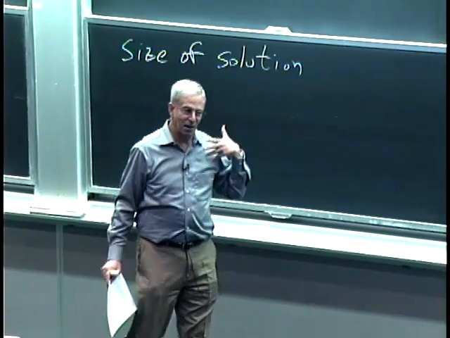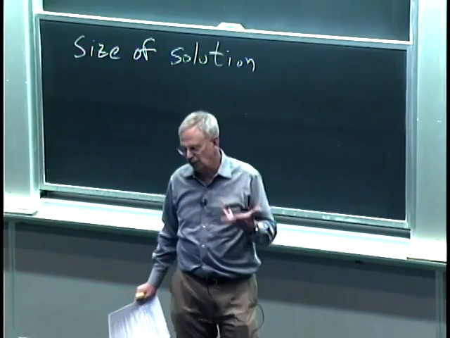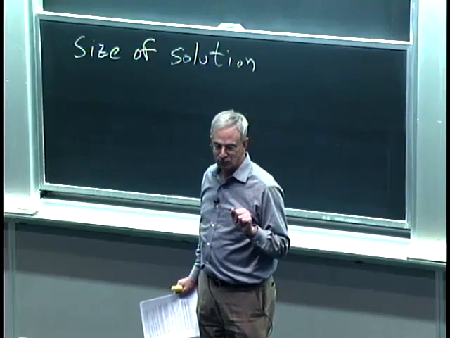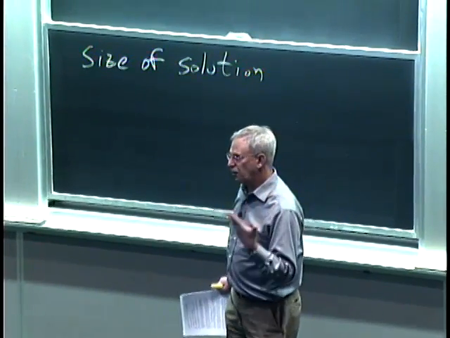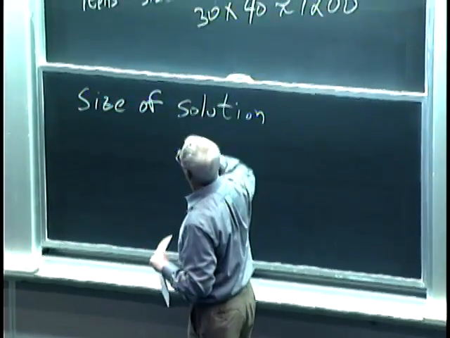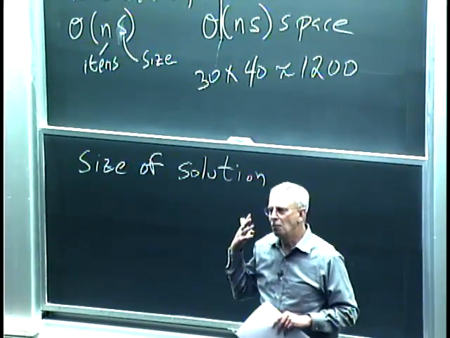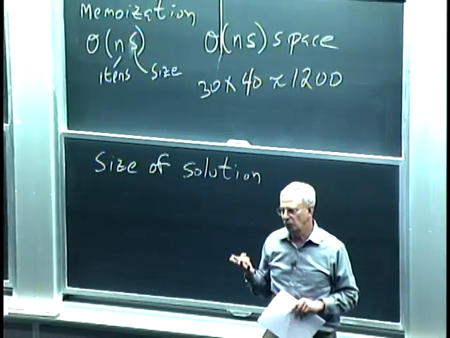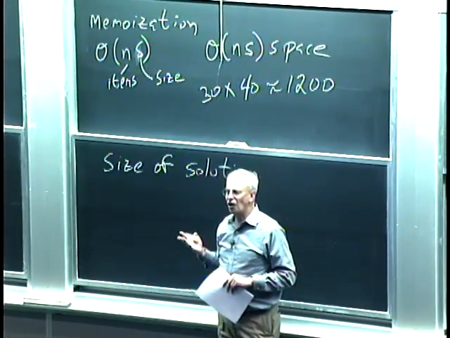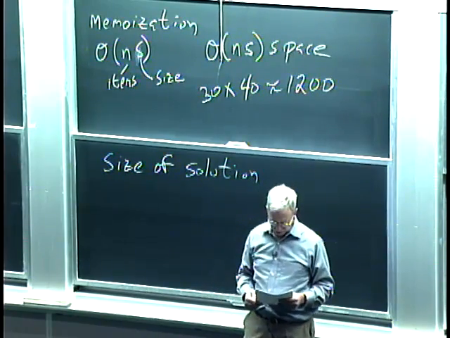And of course, the amount of running time is exactly the number of things I have to remember, or almost exactly, right? So you can see, if you think about it abstractly, why the amount of work I have to do here will be proportional to the number of items I can fit in, that is to say, the size of the solution.